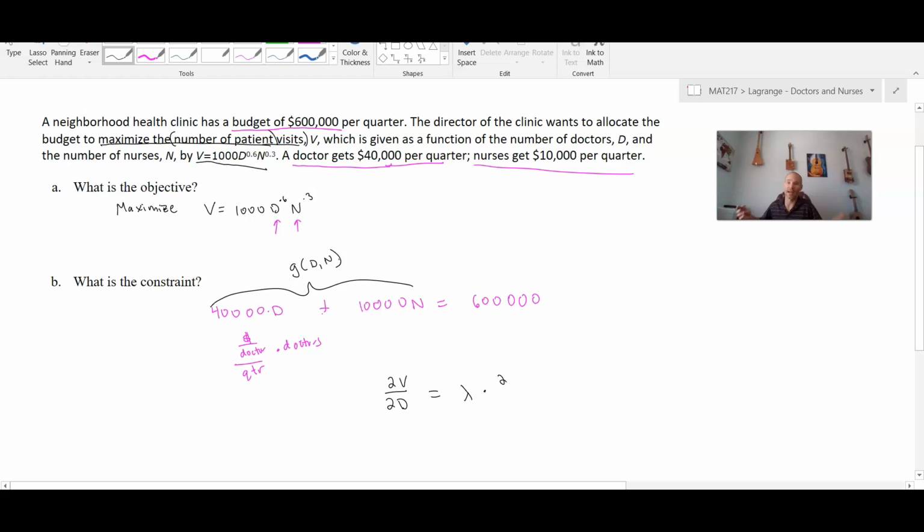But since our variables are not x and y, and in fact, this one's not even called f, it's called V, we'll just stick with the nomenclature that we have here.